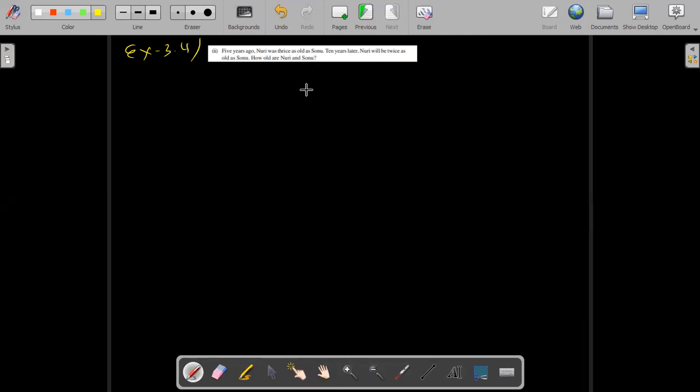In age type questions, the relation will always be given as 5 years ago, 10 years later, 5 years later. So we have to find the age before 5 years or after 10 years. But we should suppose the present age as x and y, then we can find out easily.